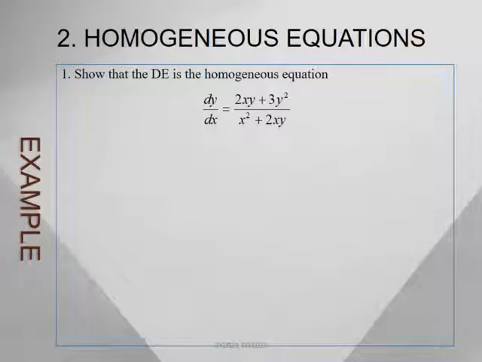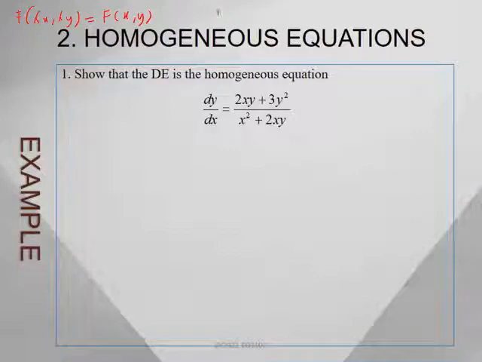So here, let us take a look at this example. Let us do this together. Remember, the first step is to substitute x with lambda x and y with lambda y. So we set f(lambda x, lambda y) and prove that it equals f(x, y).